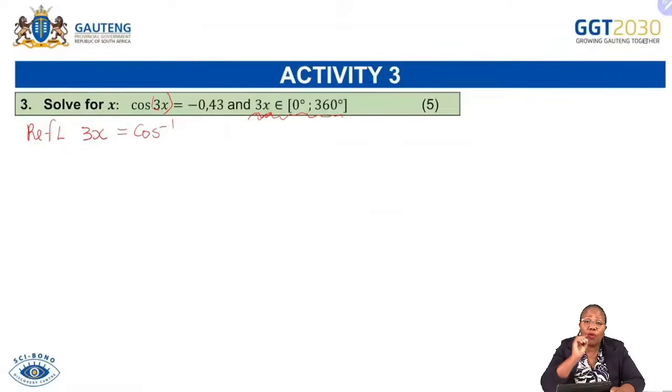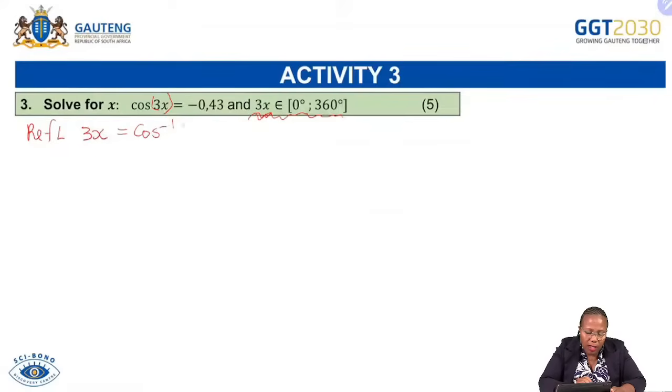Remember you go second function and then cos, not 1 over cos. It's not the same thing. The arc cos is not 1 over cos. It's shift on your calculator or second function cos. So when we say arc cos, we mean shift cos.